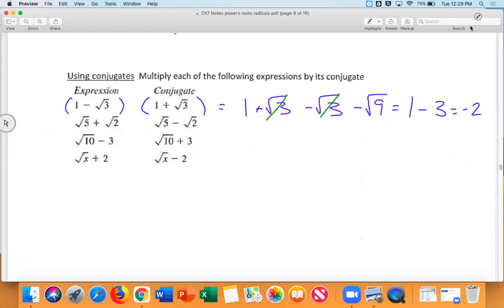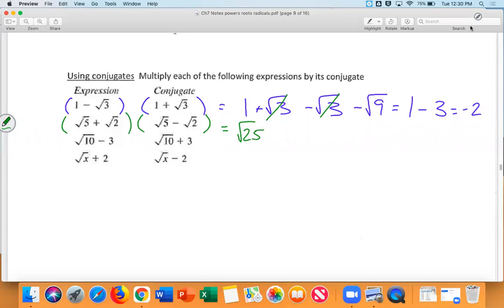Yes. But the concept is, how do you determine what the conjugate is? The conjugate is one is positive, one is negative, so that when I FOIL it, the middle goes away. So here, look, root 5 plus root 2 times root 5 minus root 2. This becomes root 5 times root 5, that's root 25.